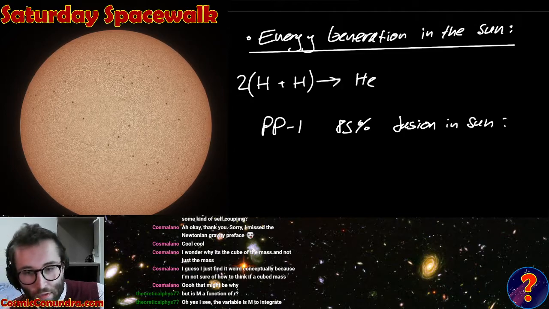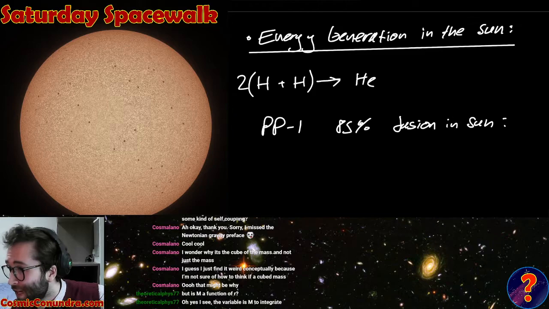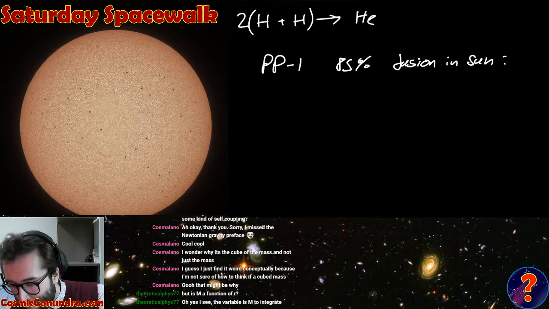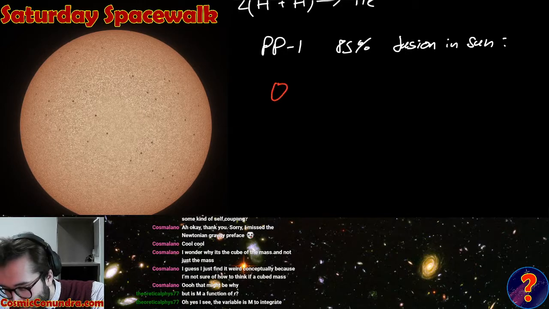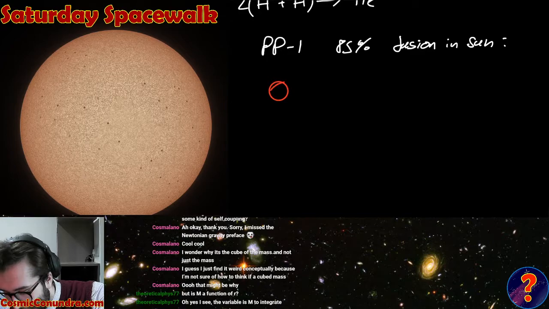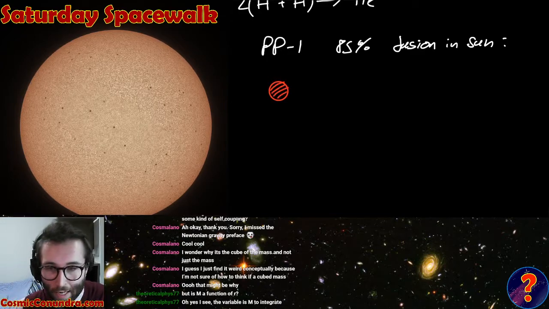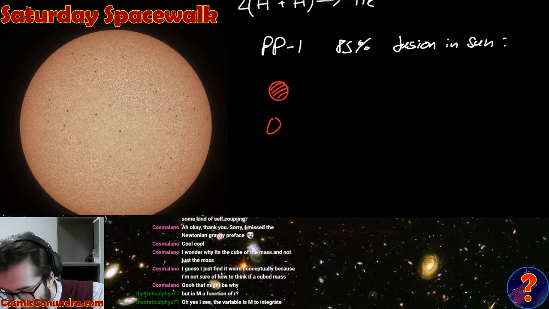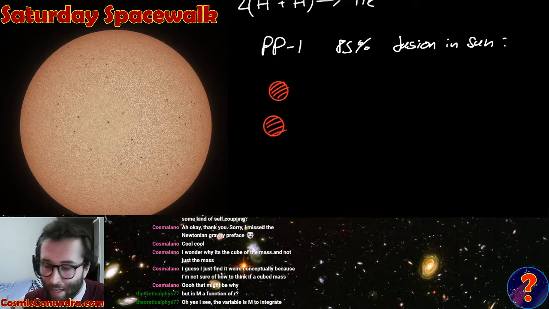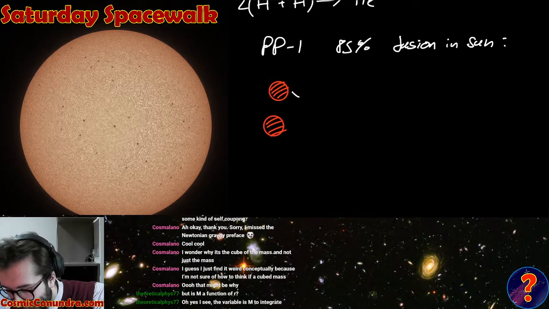And it takes a few different steps, and some of these steps take significantly longer than others. So the way this PP1 process works, let's say we start off with ionized hydrogen gas. So we just have protons and electrons moving around in a kind of soup. Well, the electrons don't do anything in terms of fusion. It's the protons that take part in this.